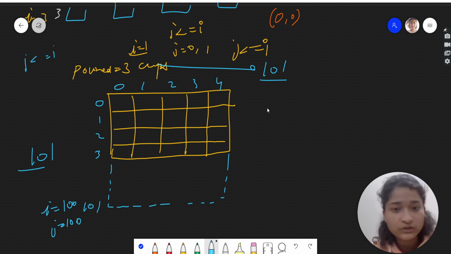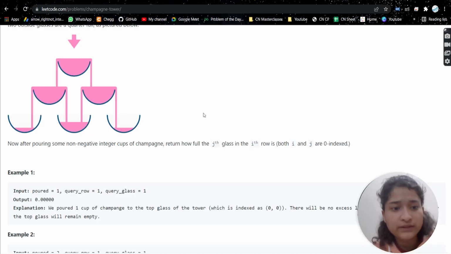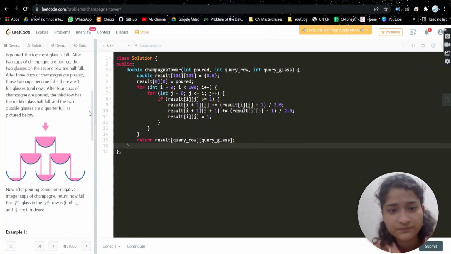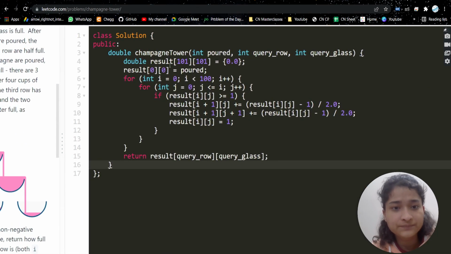Fine. So this will be a 101 cross 101 matrix. Fine. Now initially what we will do, let's also see the code side by side. So what we are doing is, we are taking this matrix 101, 101, and initially we are giving value 0 here.